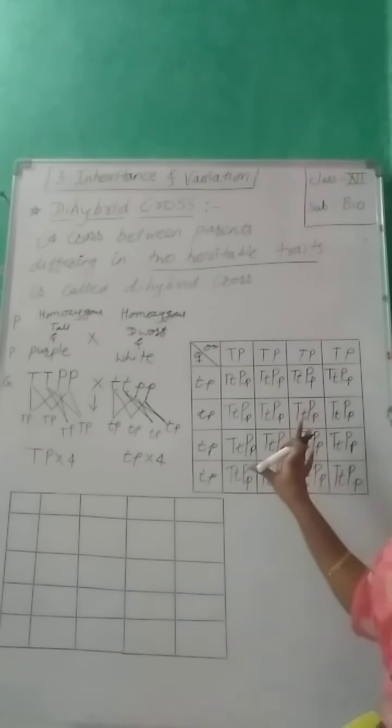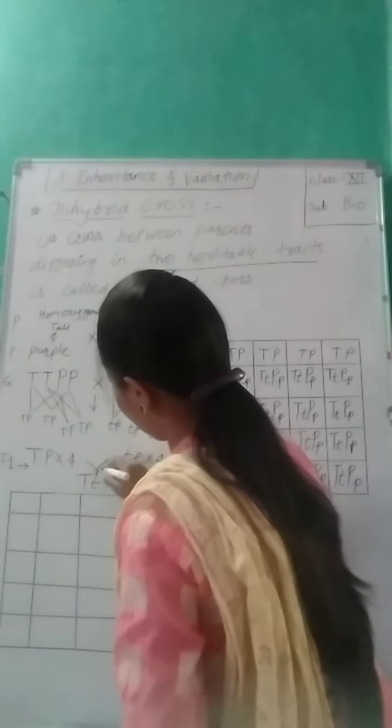So if we will count the phenotypic ratio for the F1 generation, this is the F1 generation. Okay, so this is the F1 generation. So phenotypic ratio.